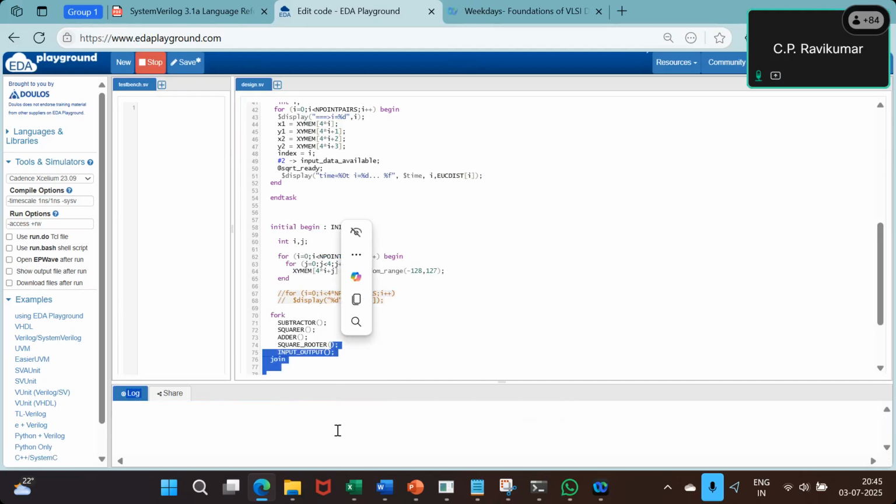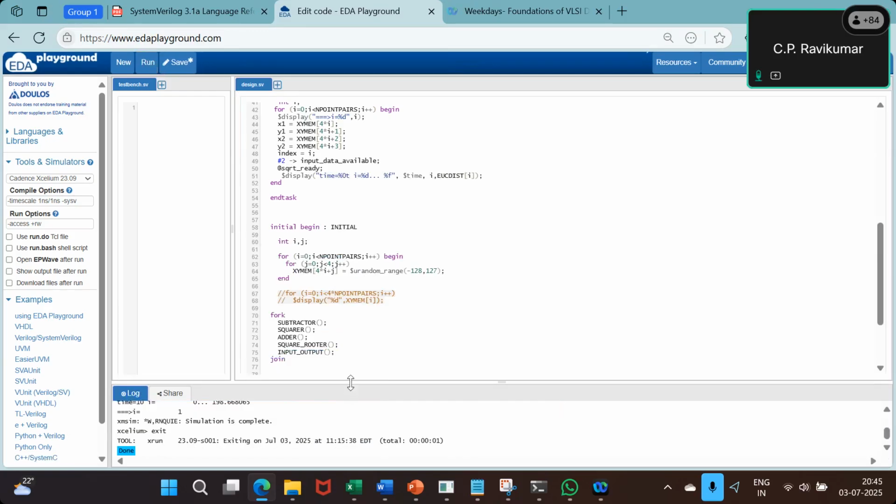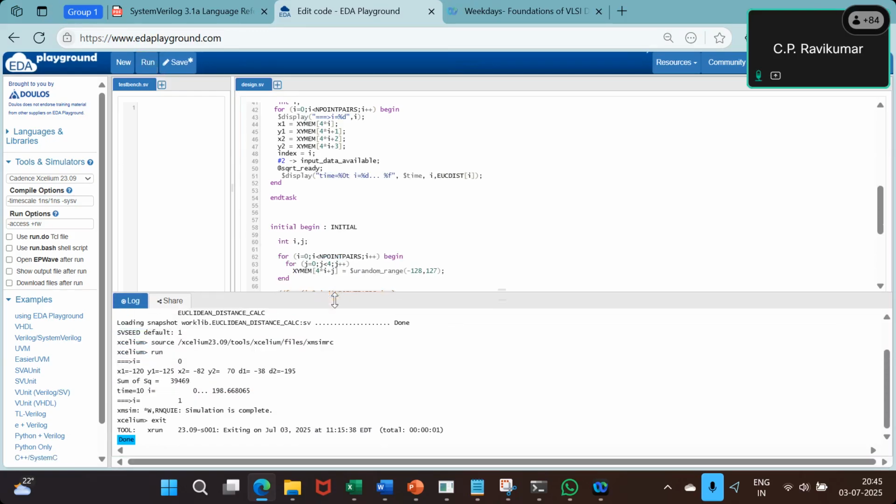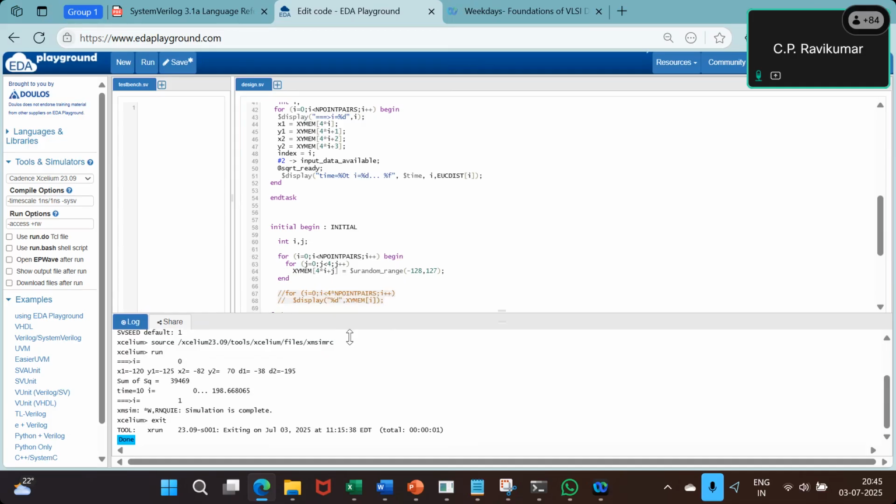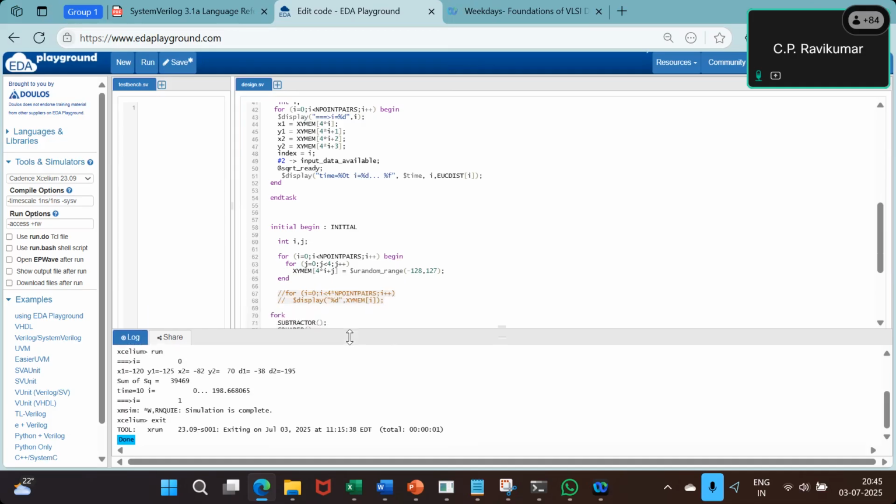What do you think the time should be? It's saying time is 10. In my opinion, that's not correct.